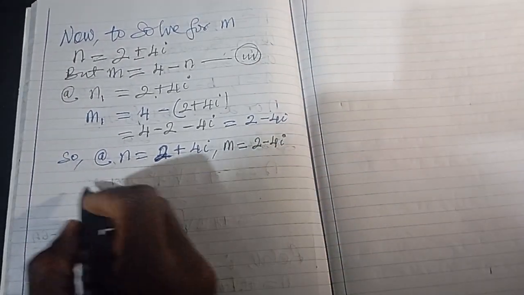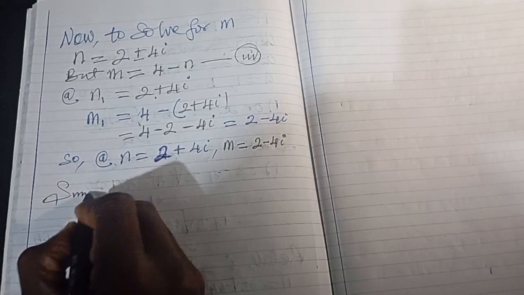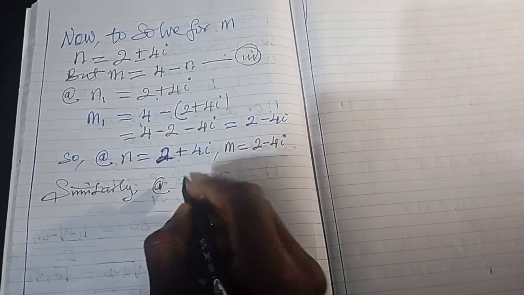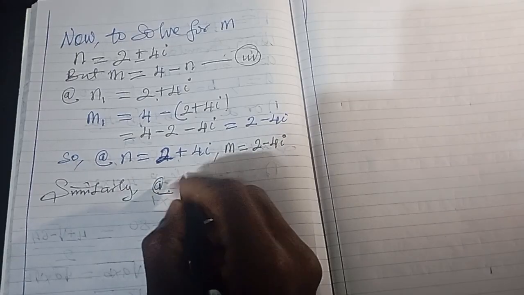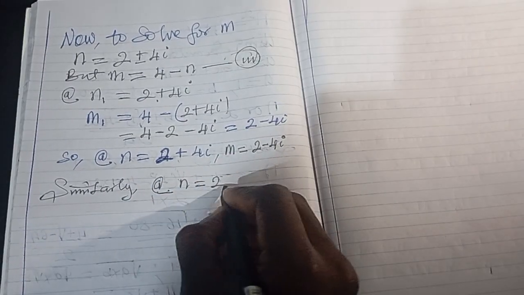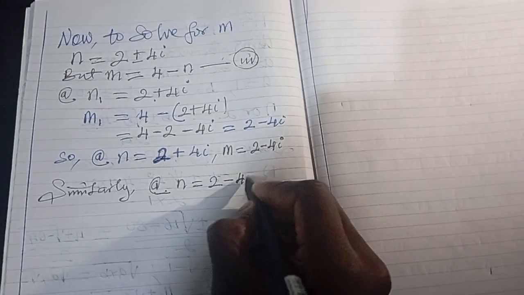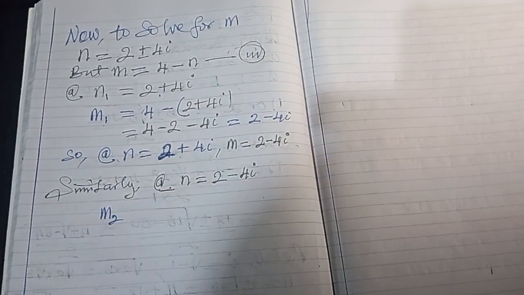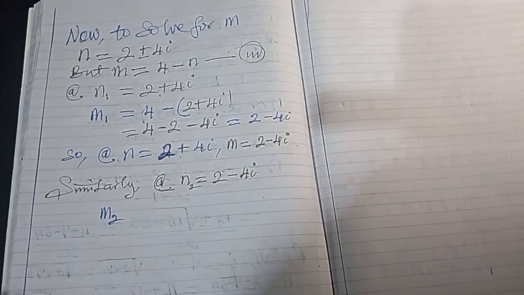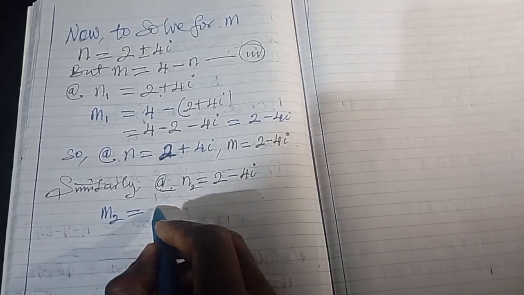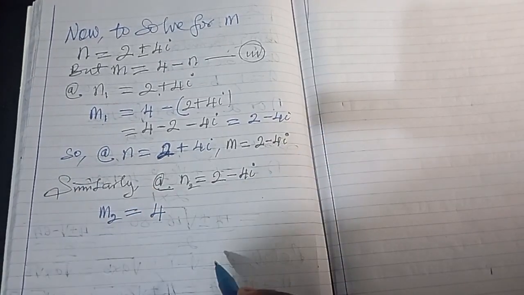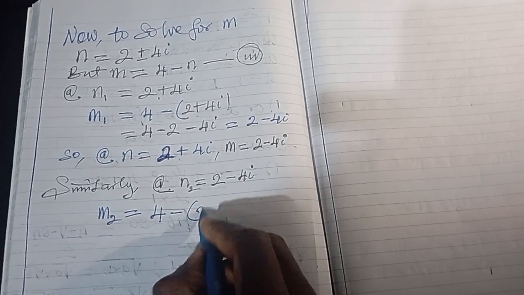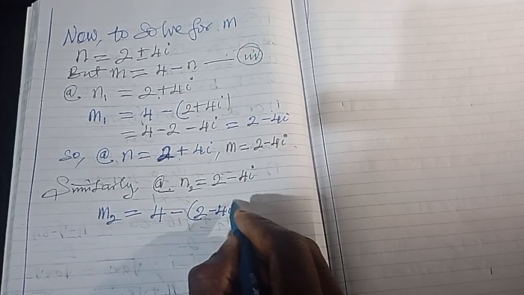Similarly, at n equals 2 minus 4i, that is n2, m2 will still be 4 minus (2 minus 4i).